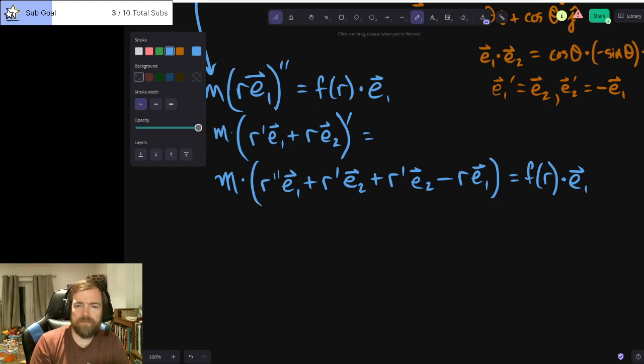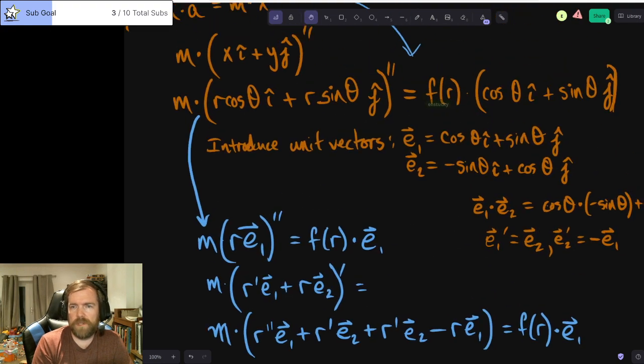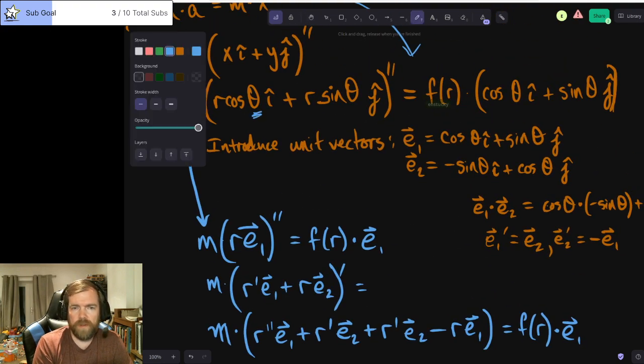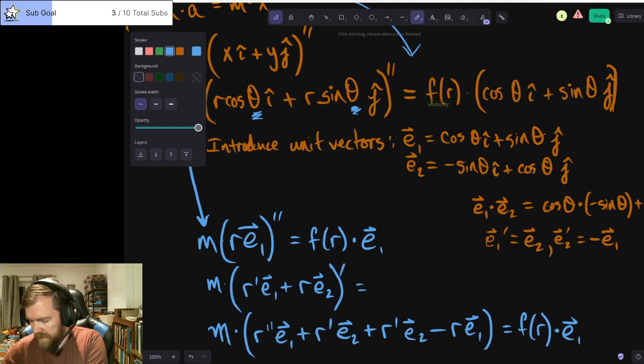I forgot something. These are also functions themselves of theta. So while we're taking the derivatives of these things, that's also going to cause us to need to use the chain rule.